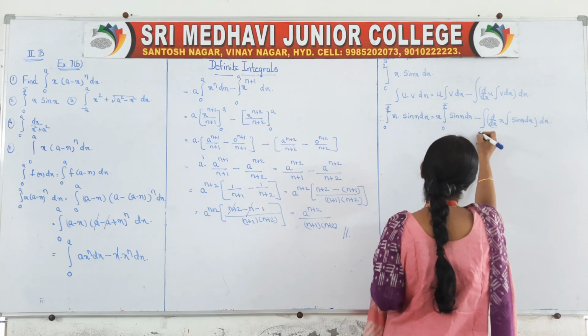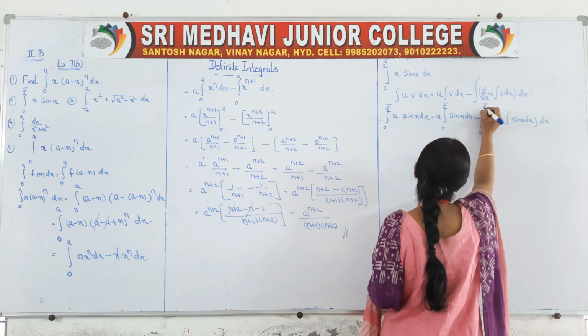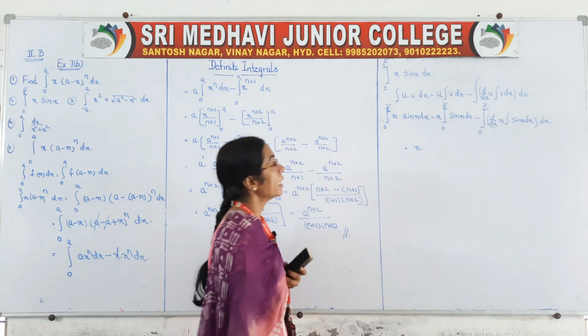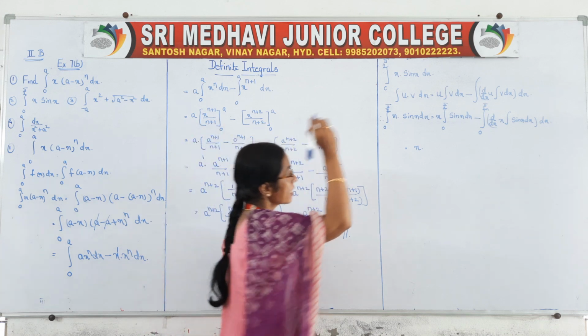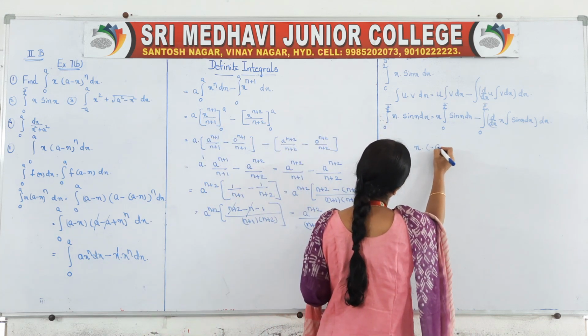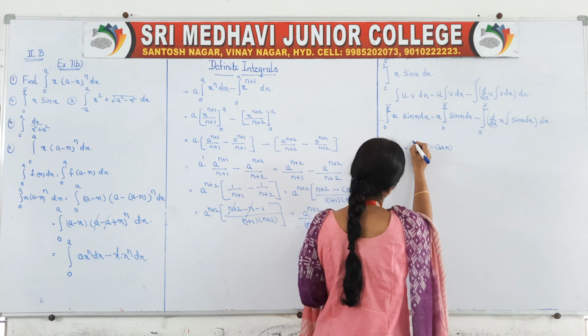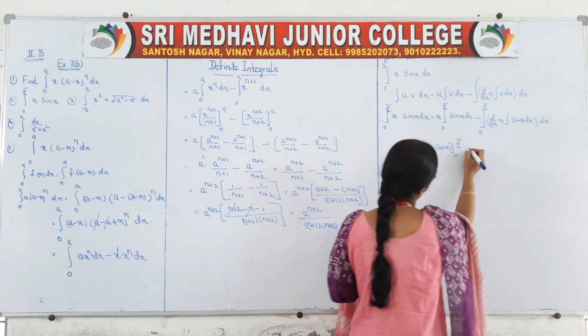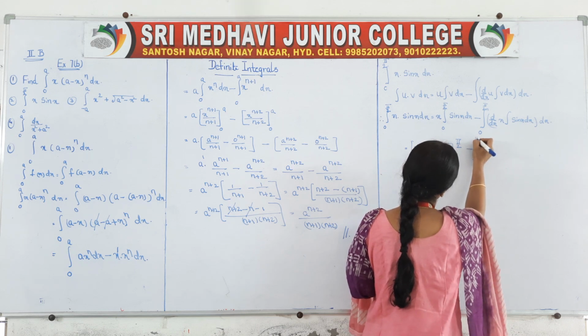Here your limits are 0 to pi by 2. So it is equal to x into the integral of sin x. The integral of sin x is minus cos x. We write the limits on the right side, 0 to pi by 2.